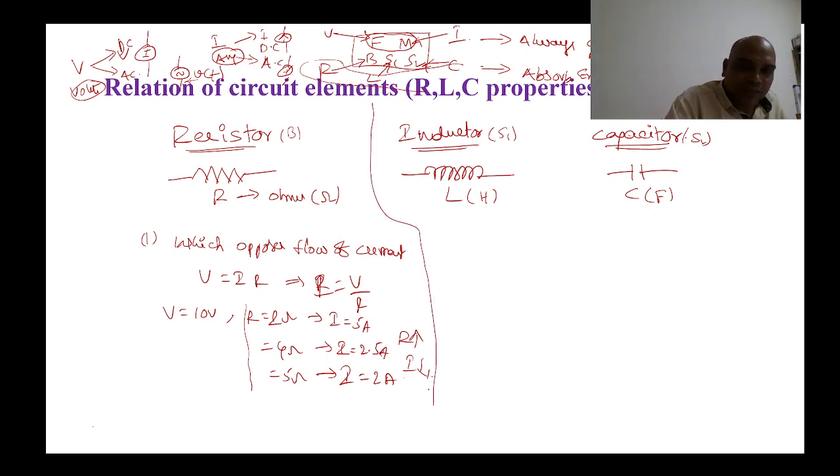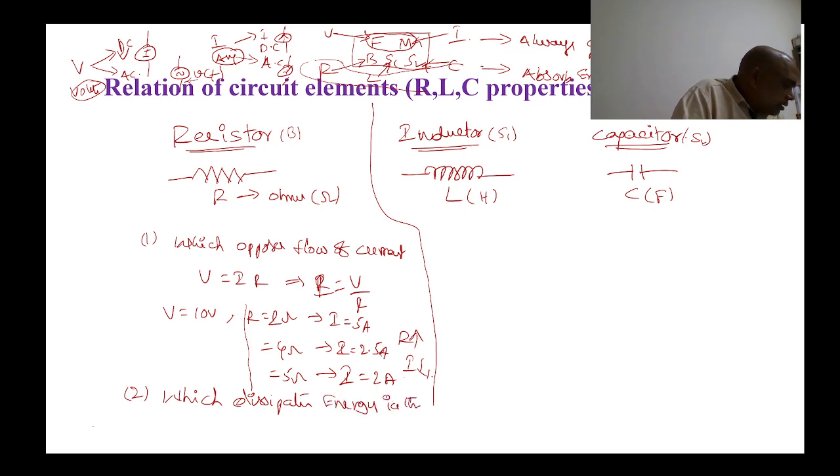So this is the first property. The second property of a resistor: it dissipates energy in the form of heat.